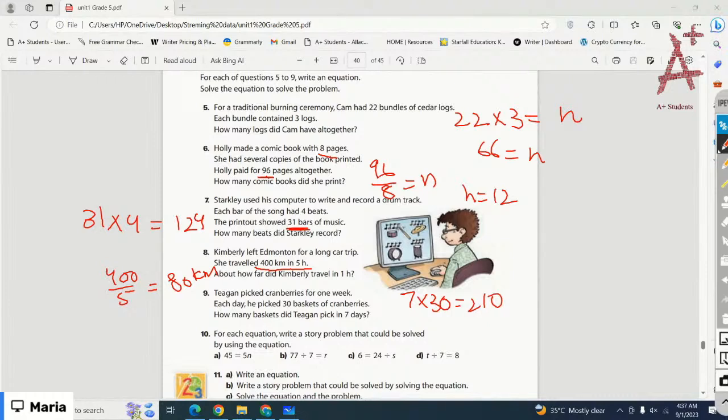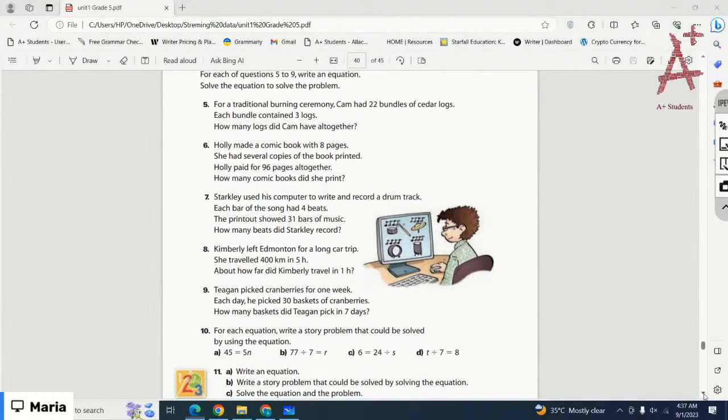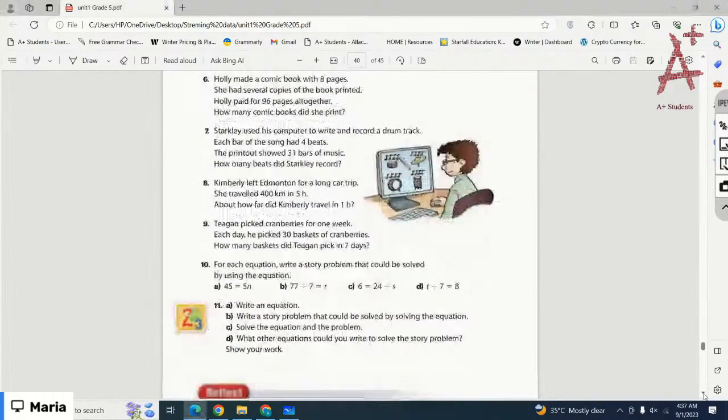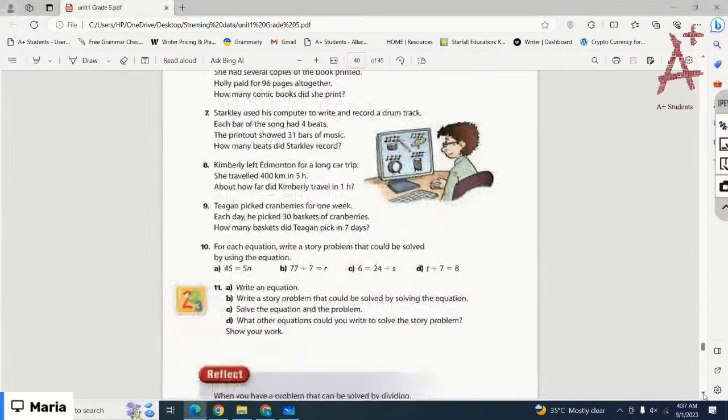Okay, question number 10. For each equation, write a story problem that could be solved by using the equation. Okay, you are given the equations, you have to write down the stories.